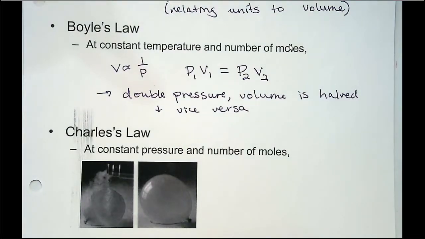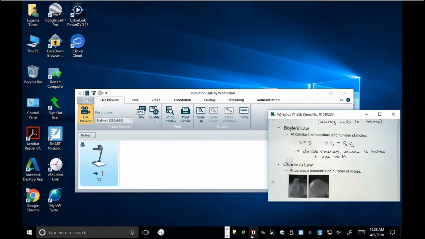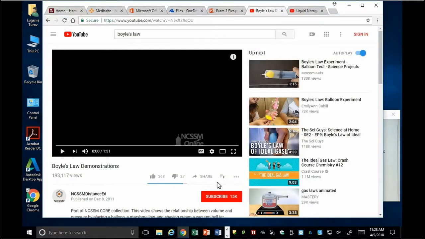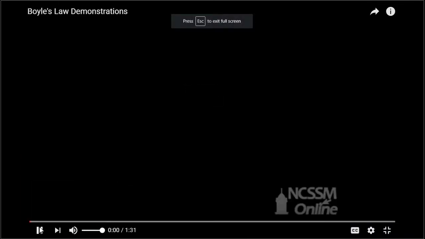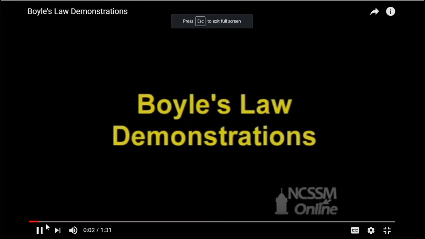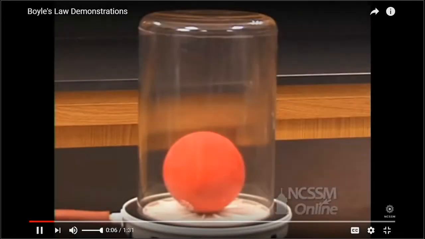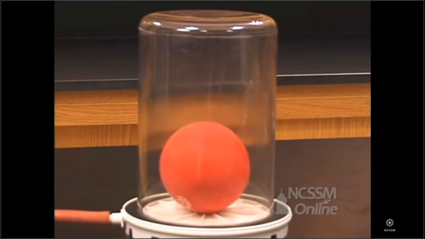So I can show you a quick little demonstration of this. Boyle's law. Okay, so here we go. In this demonstration, they're applying a vacuum to this chamber.